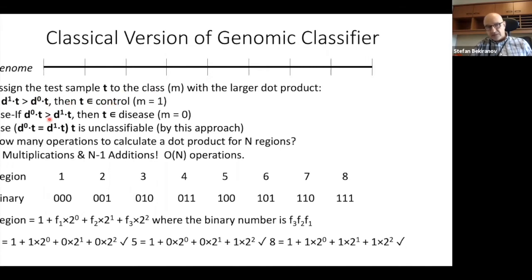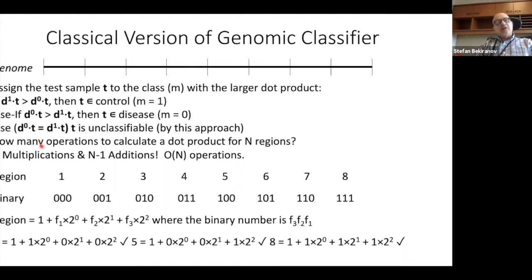Otherwise, if the dot product of disease and test is greater than that of control, then it's disease. And with this classifier, I can get into a situation where the test is unclassifiable. That's when the test is exactly equidistant between the disease and the control. And even if it's very close within noise, it won't be classifiable robustly.